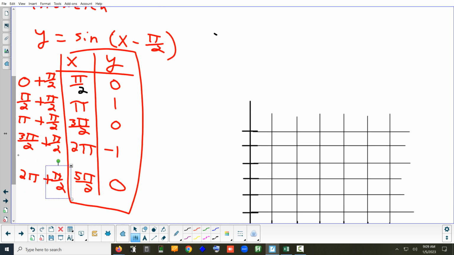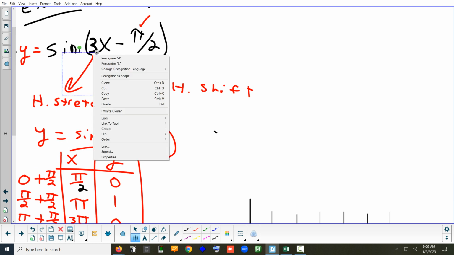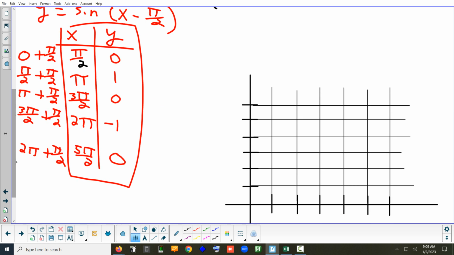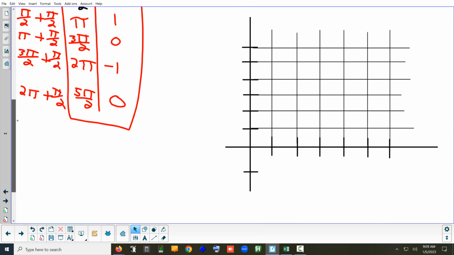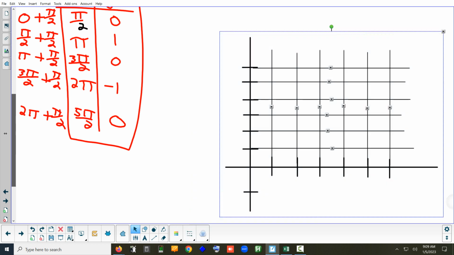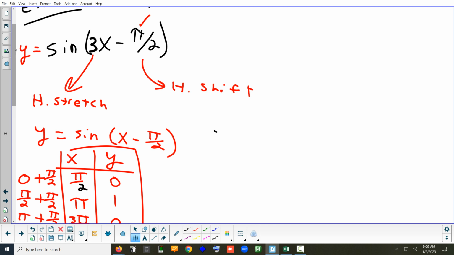Now, we're going to take that answer and we're going to modify it again to do the horizontal stretch. Okay, we're going to take this table and we're going to do a horizontal stretch to it.